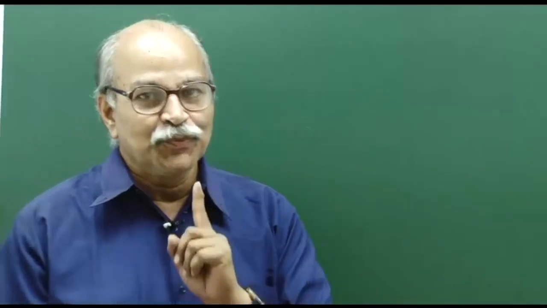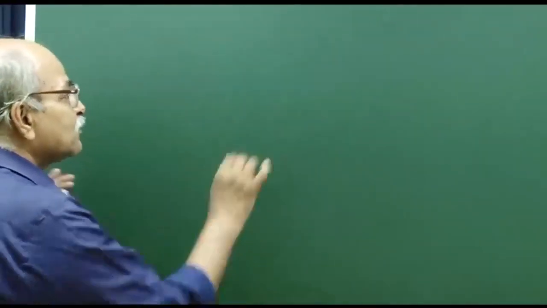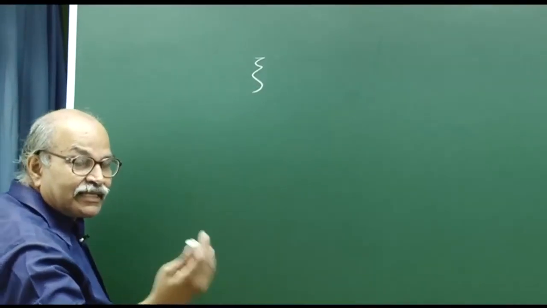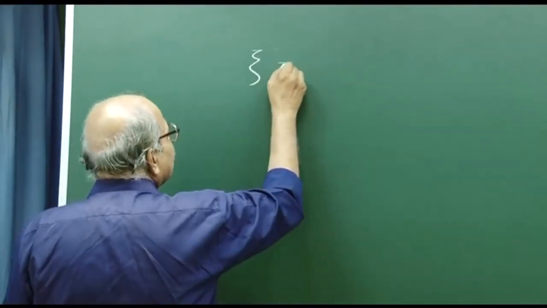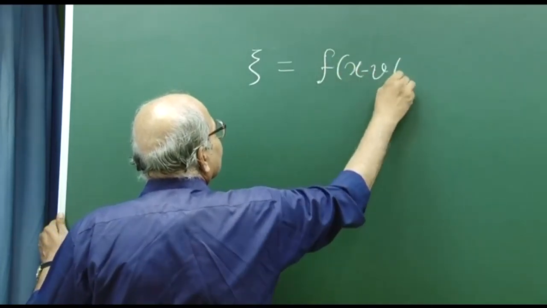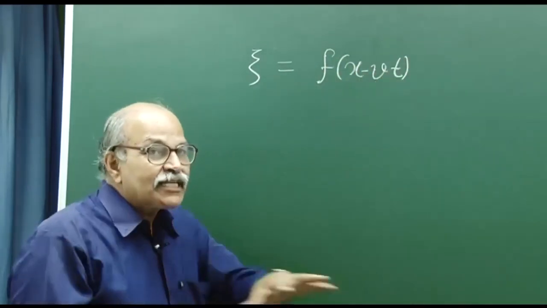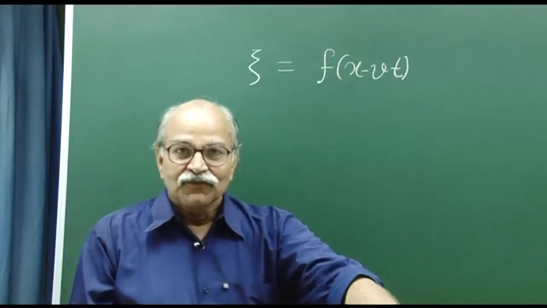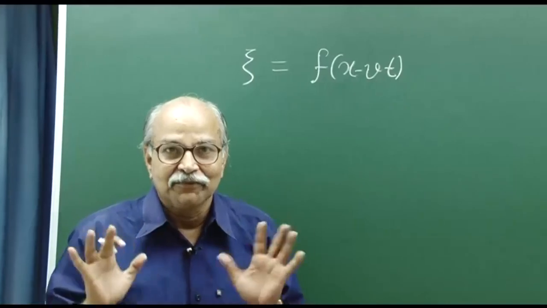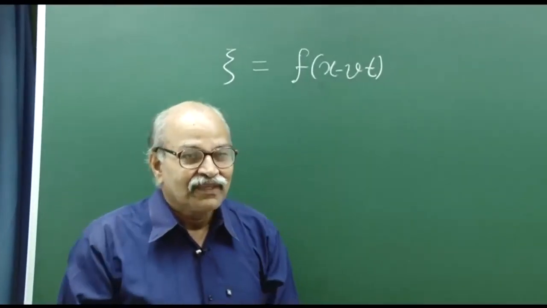So, I said that if the wave is going in x direction, its equation should be of this type, whatever quantity which is changing in space and time should be some function of x minus vt. And all the experiments that I had shown will conform to this if you take proper x axis and all that and make some approximations of course.